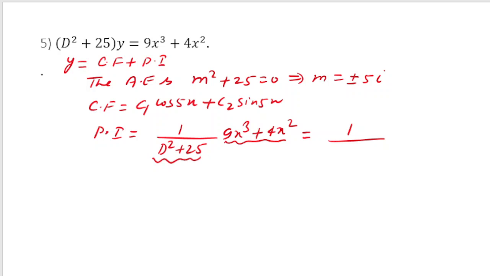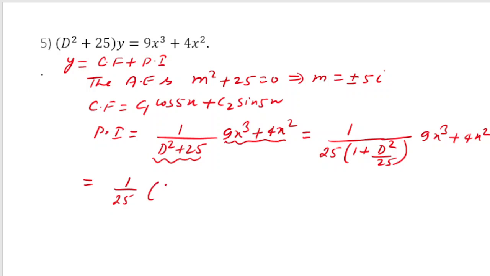So we take the lowest degree term common, meaning I take 25 common, and then I write it 1 by 1 plus d square by 25, and that we need to operate on 9x cube plus 4x square. So I can write it 1 by 25, and here I will write 1 plus d square by 25 to the power minus 1, and I need to operate on 9x cube plus 4x square.